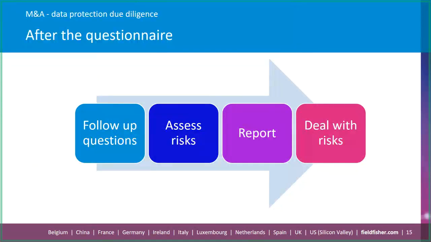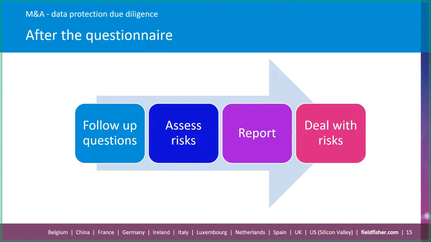But crucially, what you want to do here is avoid asking the questions you've already asked. So, as Eleanor mentioned, make sure those questions you ask at the due diligence questionnaire stage are tailored to the target, to avoid you having to go back and ask even more questions this time. This should really just be a follow-up exercise and not a rehashing of the due diligence questionnaire. It's crucial here to make sure that everything which is possibly a concern to you is covered off and you've got as much information as you can.